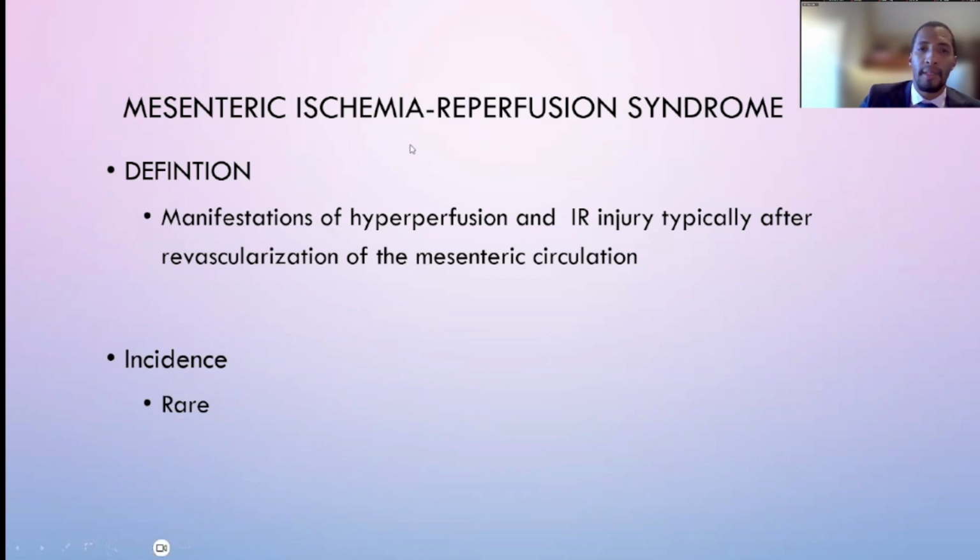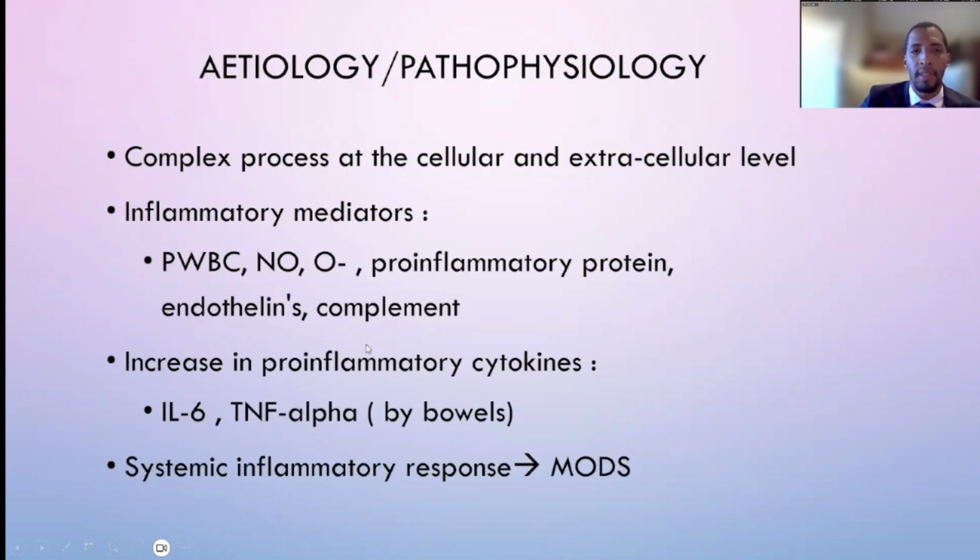Mesenteric ischemia reperfusion syndrome has been defined as the manifestations of hyperperfusion and ischemia reperfusion injury, typically after revascularization of the mesenteric circulation. We don't really know the incidence, and we're just trying to increase awareness of this condition. It's believed to be a complex process at the cellular and extracellular level with a number of identified inflammatory mediators.